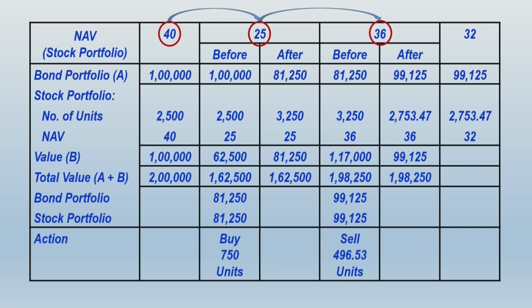So I write 32, and what I get is 88,111 approximately. I told you there may be little bit of rounding off difference. Don't fight with me, please. And the final value of your portfolio comes to 187,236. The question is, are we supposed to go for rebalancing of our portfolio at this stage?